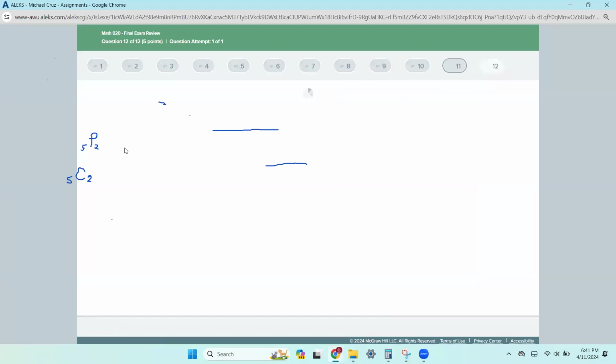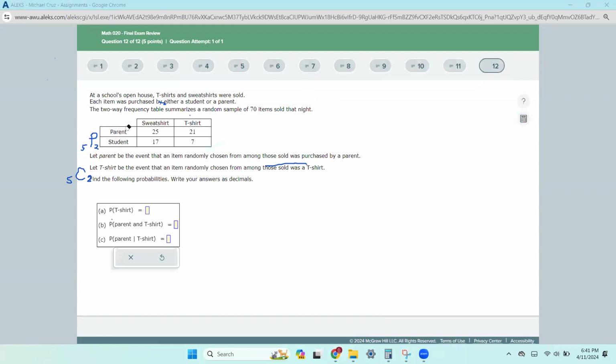All right, so what's the last one? This is really pretty simple because it's taking us from basic probability into doing a conditional probability. And so if you follow it this way, it's really easy. And then we can go back and double check it a second way. But we need to know how many shirts there are because it wants the probability of a t-shirt.